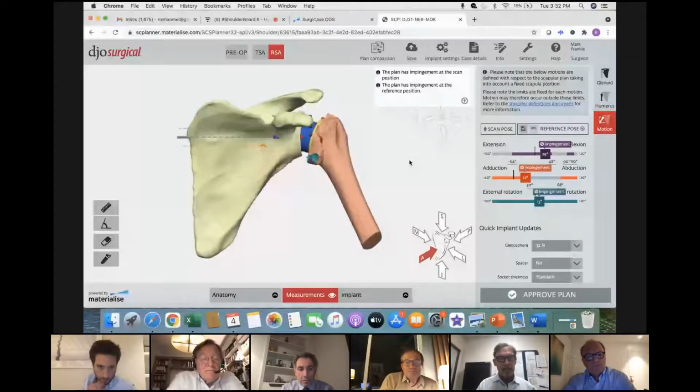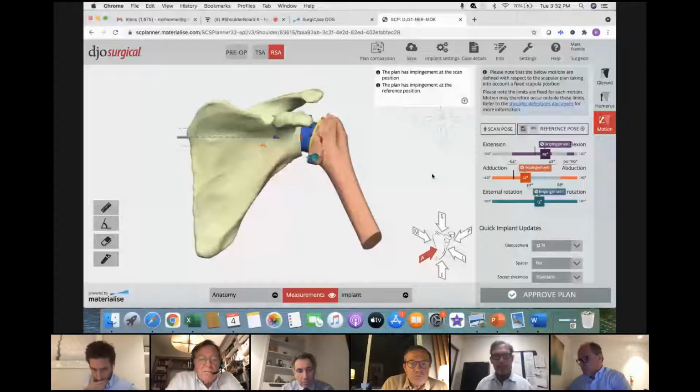And so in my mind, if I can reestablish the normal length tension of the deltoid, then I've idealized this patient, because I've idealized this cuff and I've idealized this deltoid. So I wouldn't distalize an anatomic total shoulder thinking that would be beneficial for the deltoid. So I don't see the applicability in this particular situation.